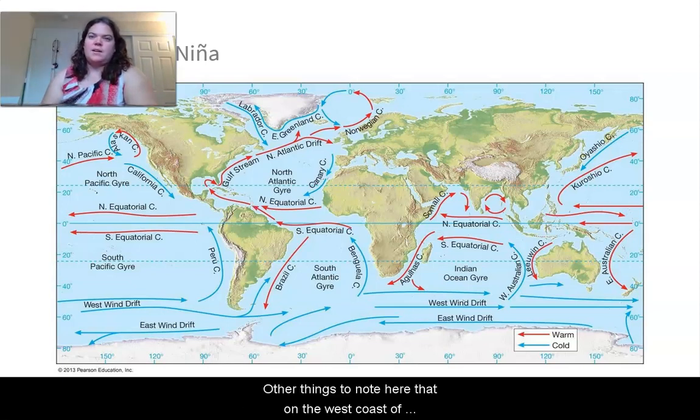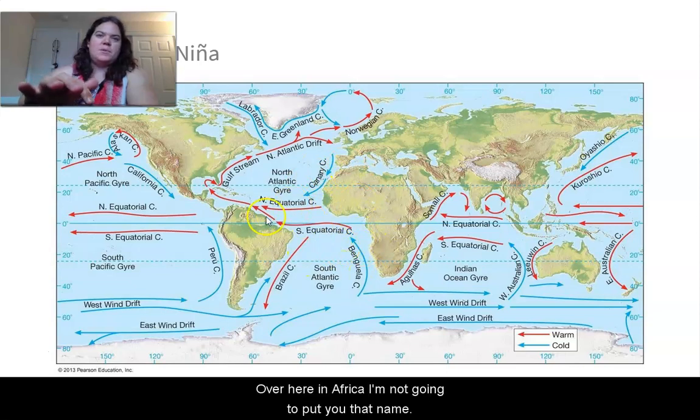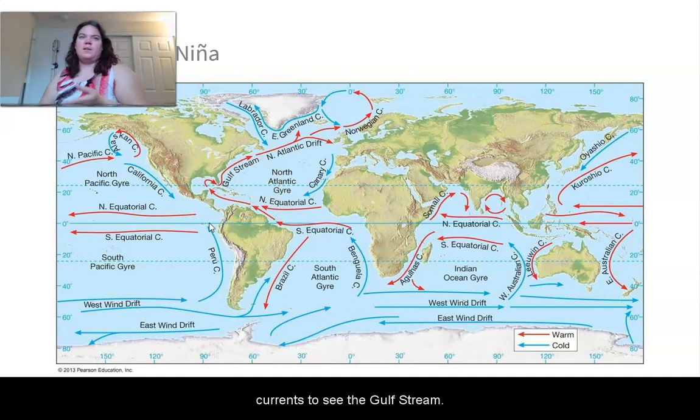Other things to note here, that on the west coast of continents, generally speaking, you will see cold currents, right? So Peru, California, Canary, over here in Africa, I'm not going to butcher that name. And then on the east coast of continents, we see warm currents.